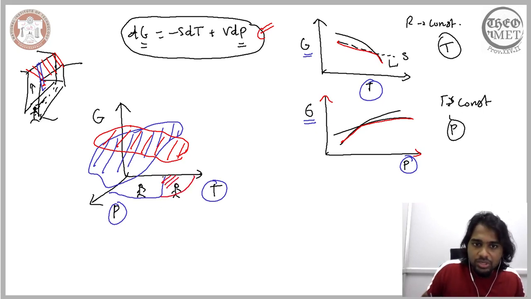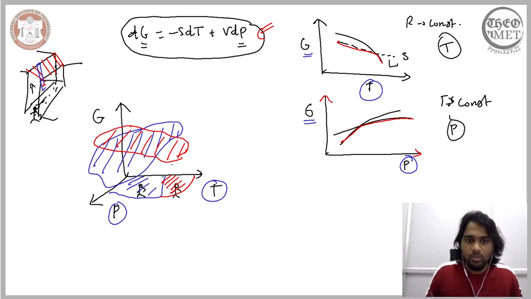So based on what you observe, you have partitioned this pressure temperature plane into two, the blue region and the red region. You observe blue here because it is the lowest one, and red here because it is the lowest one.